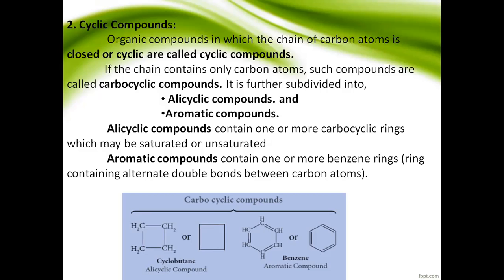These are two types, that is alicyclic compounds and aromatic compounds, which are carbocyclic compounds. Cyclic compounds are further divided into carbocyclic and heterocyclic. The carbocyclic is divided into alicyclic compounds and aromatic compounds.